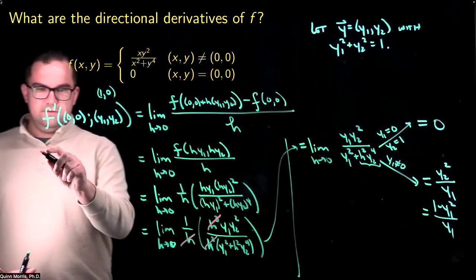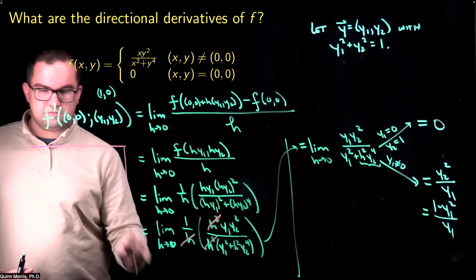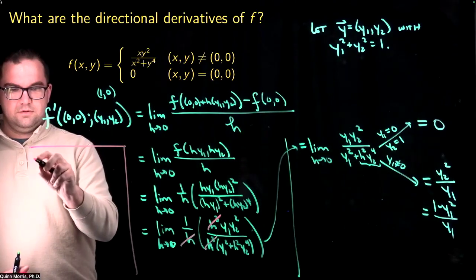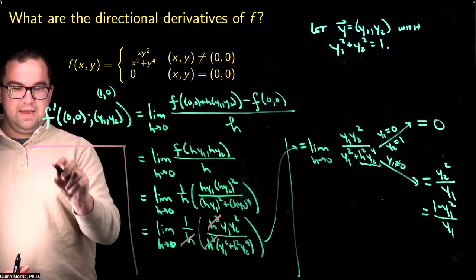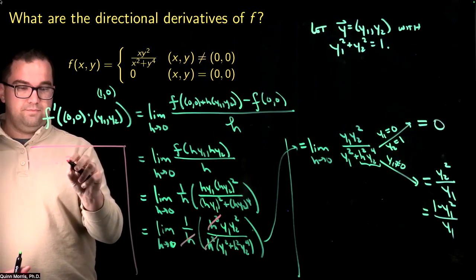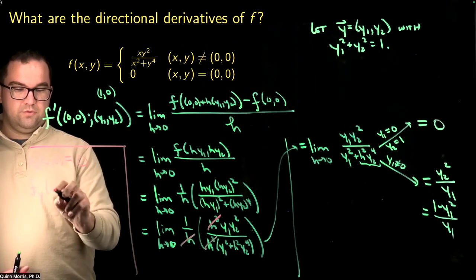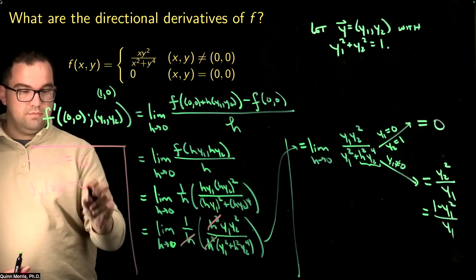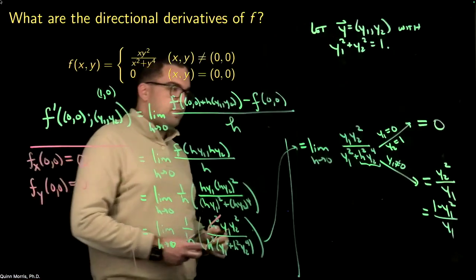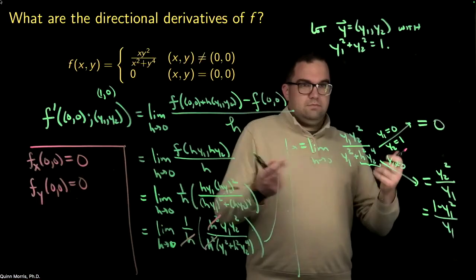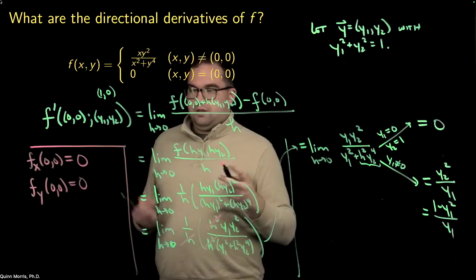So from this, we get a couple of things. One is the partial derivative with respect to x at 0, 0 is just 0. Partial derivative with respect to y at 0, 0 is also 0. But you could calculate a lot of other points.